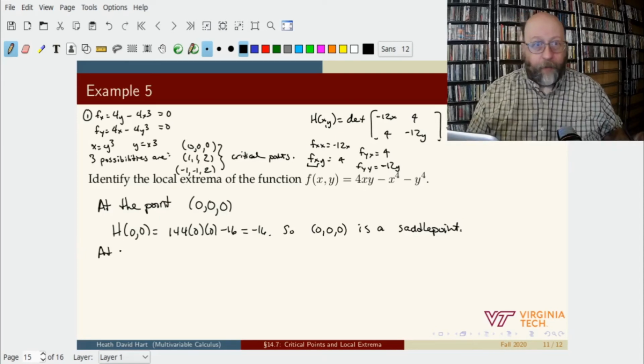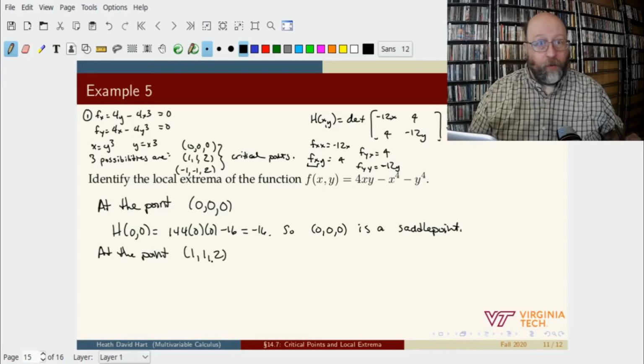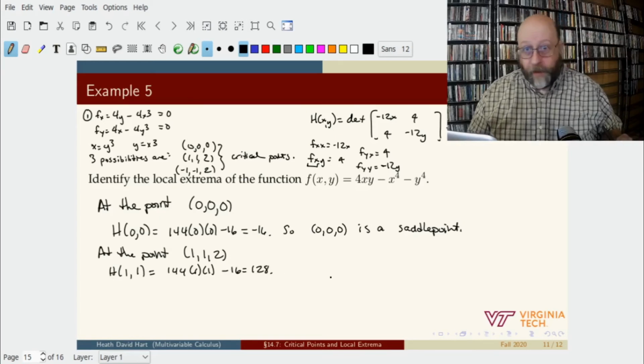At the point 1, 1, 2, the Hessian is 144 times 1 times 1 minus 16. That's 128. That's not a saddle point.